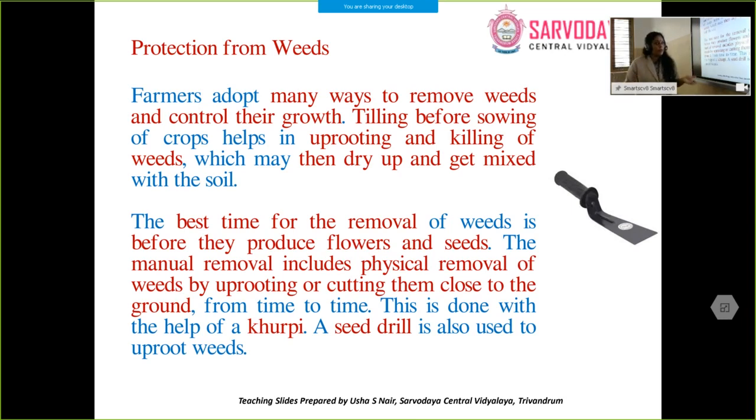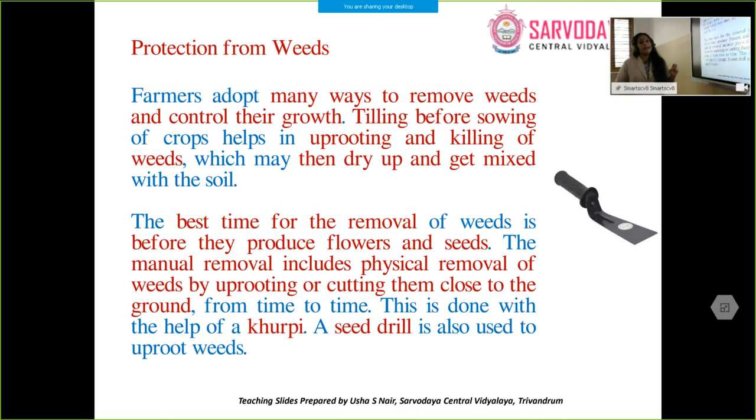Farmers have developed ways to remove weeds and to control growth. When the process of tilling is done just before sowing, we can uproot and kill weeds. That is one point. Second point, the best time is when removal of weeds is done just before they produce flowers and seeds.